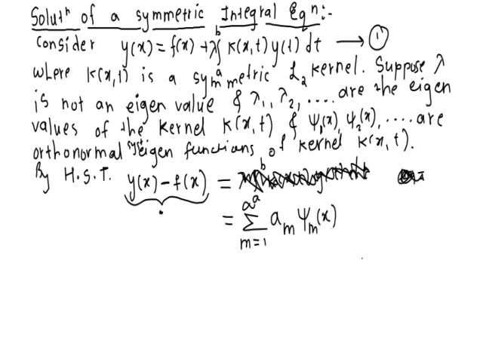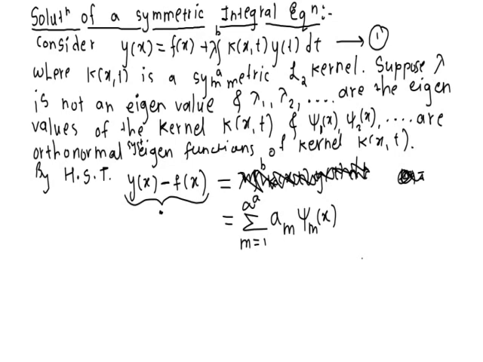What is this xi m of x? These should be the orthonormal eigenfunctions corresponding to the eigenvalues of the kernel k(x, t), and it is clear because we have taken xi 1, xi 2, xi m as an orthonormal system of eigenfunctions of kernel k(x, t). So I can write this LHS in this series form, which is the Fourier series.